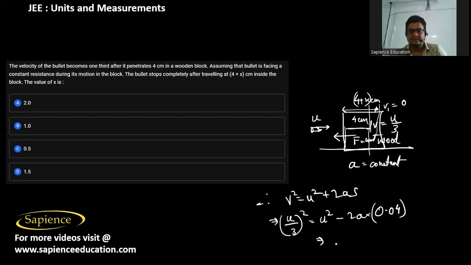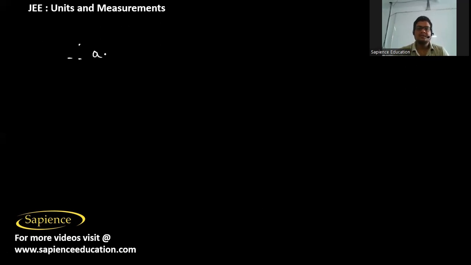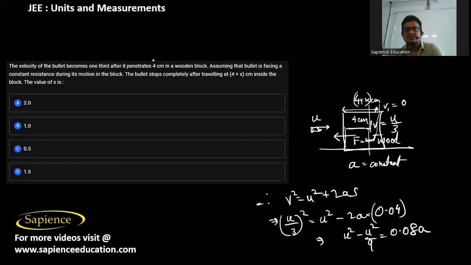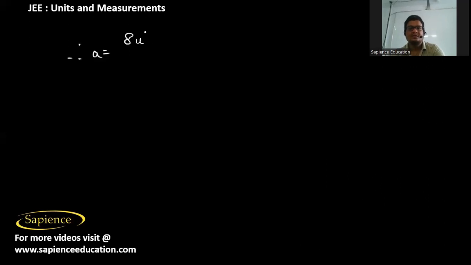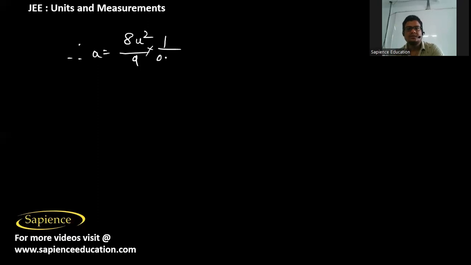Therefore u square minus u square by 9 is equal to 0.08a. Therefore the retardation will be equal to 8 u square by 9 into 1 by 0.08.